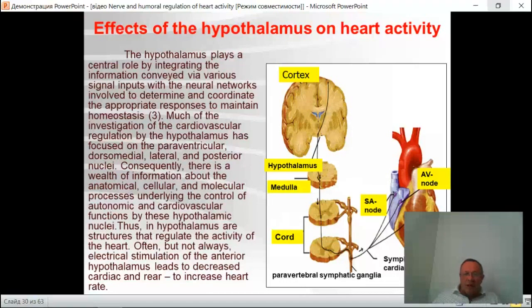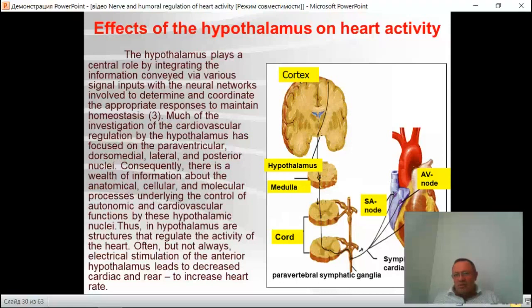Effect of hypothalamus on heart activity. The hypothalamus plays a central role by integrating the information conveyed via various signal inputs with the neural networks involved to determine and coordinate the appropriate responses to maintain homeostasis.